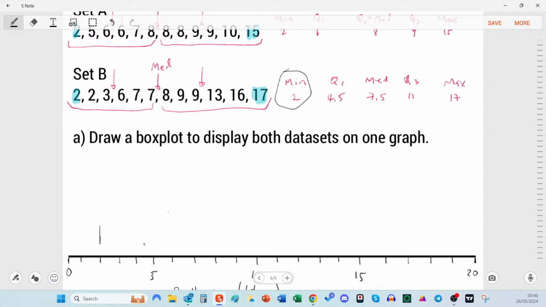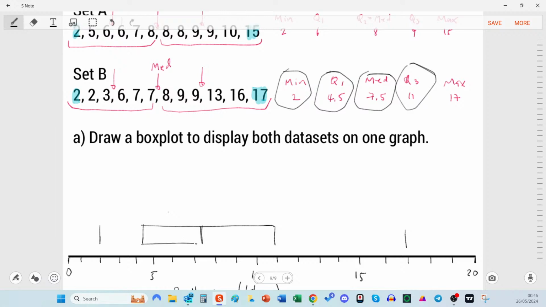Quartile 1 is 4.5. Median is 7.5. You're going to do this with a ruler, I hope. Quartile 3 is 11. And max is 17. I think my box plot's going to look pretty funky and thin.